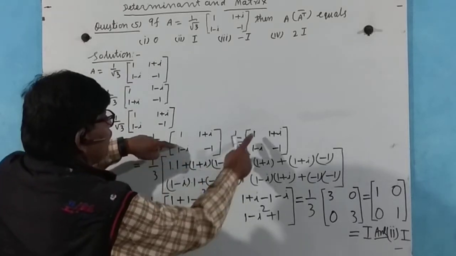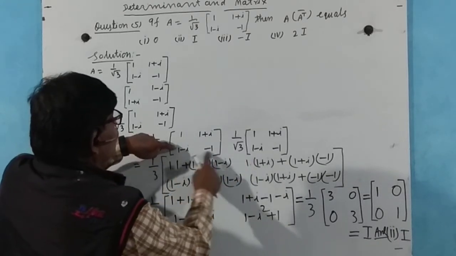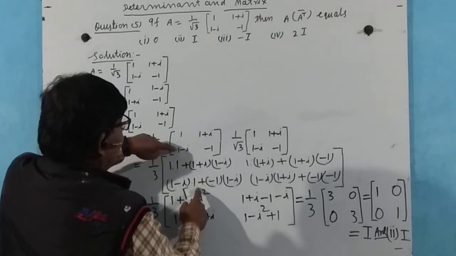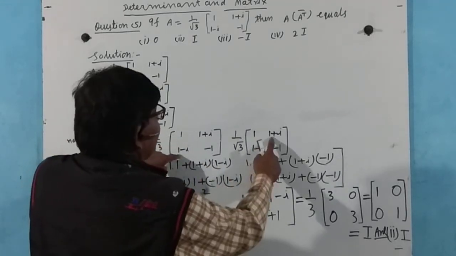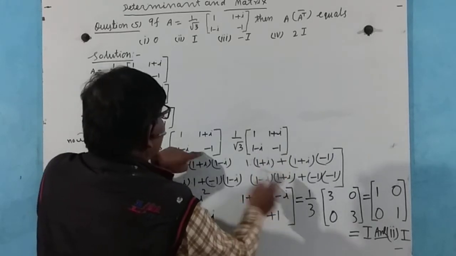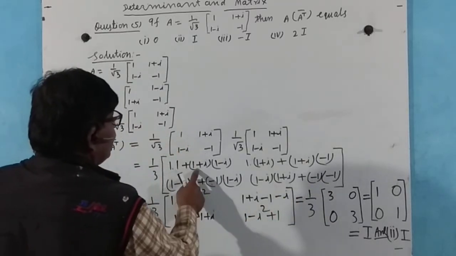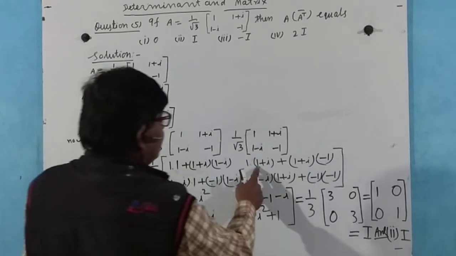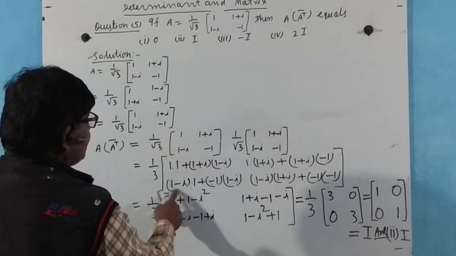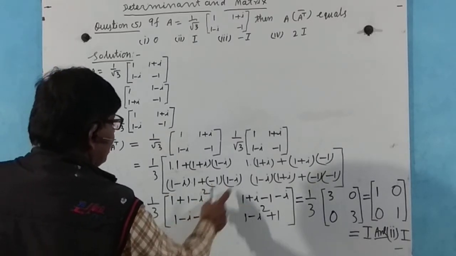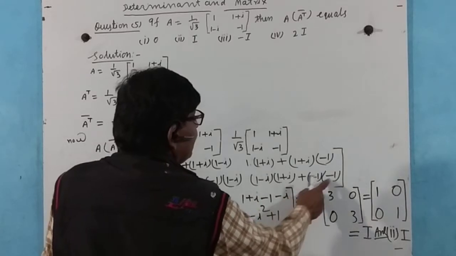So we get 1 and 1 plus i into 1 minus i, which is 1 plus i squared with minus 1 minus i, then 1 into 1 minus i, minus 1 plus i, and 1 minus i squared, and minus 1 plus 1.